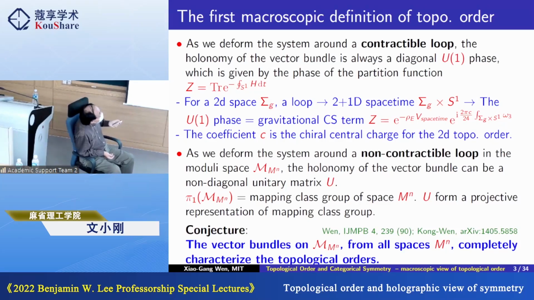And what is this UN phase? Let's consider a two-dimensional space. Suppose our space is two-dimensional, Sigma G, some kind of genus G manifold. Then we have a small loop in the modular space, and that is S1. So adding this small loop, we have Sigma G times S1.